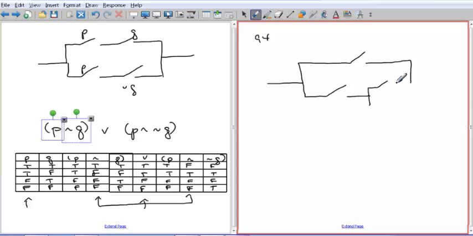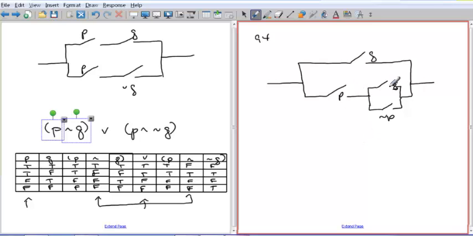So we have that, which is Q. This one's Q, this one's P. This one is Q, this one is the negation of P. Negation of P. This goes over here, connects there, goes back up, goes like that, comes out. Okay, that should match up with what's in there.